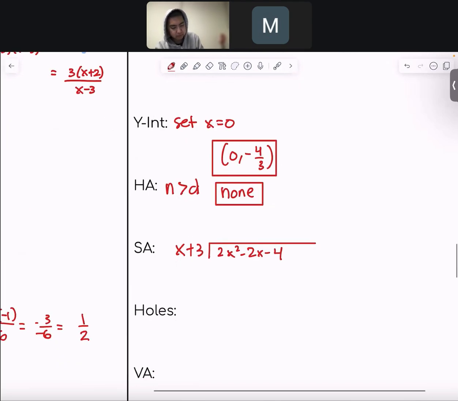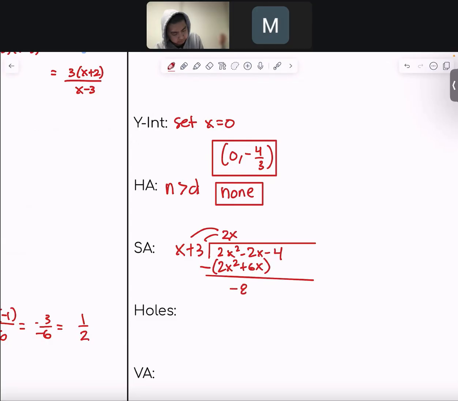So here, what times x is 2x squared? That's 2x. So now you distribute. 2x squared plus 6x, minus, you get negative 8x minus 4, and then what times x gives you negative 8x? That's negative 8. So the slant asymptote is y equals 2x minus 8.